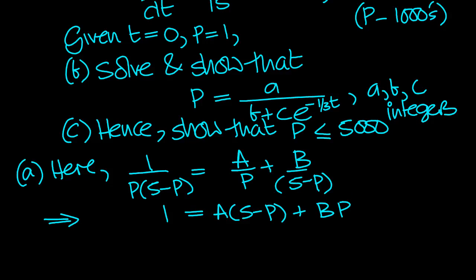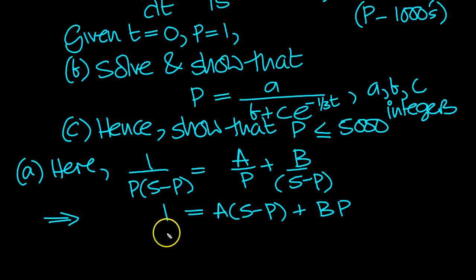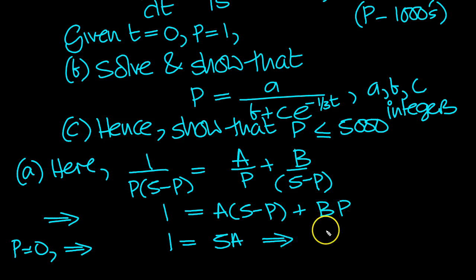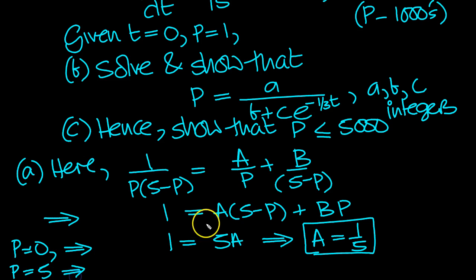So here, put in p equals 0. What do we get? 1 equals 5a. And p is 0, so this is 0, so a is 1/5. And if we put p equals 5 now, see what we get there.